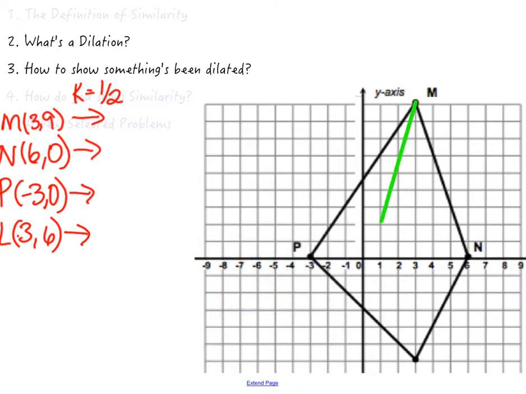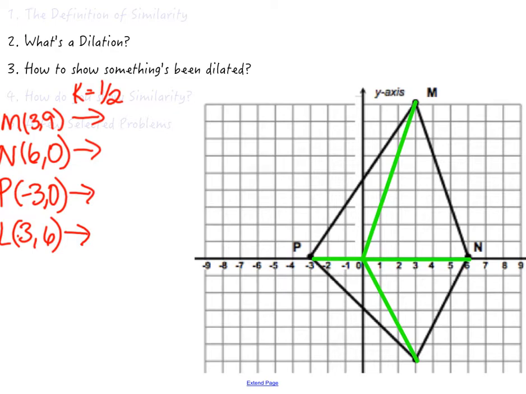Those are typically called the lines of dilation, which implies something really important. That means if you're dilating, it's going to restrict your travel to along these lines. So after I do this transformation with the K factor of a half, my image should lie on the green line.